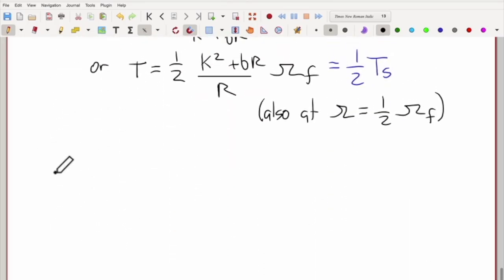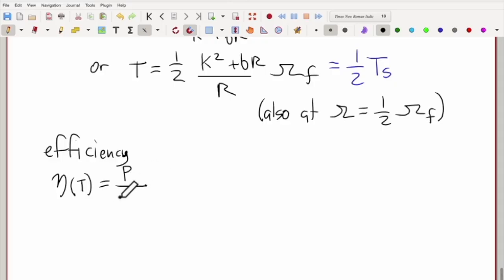We can also talk about efficiency. And I'm going to derive it as a function of the torque. The efficiency is defined as P out divided by the amount of P coming in. And how much power goes into the motor?